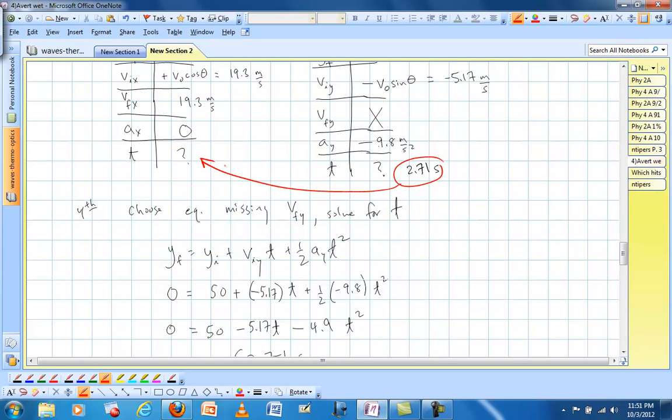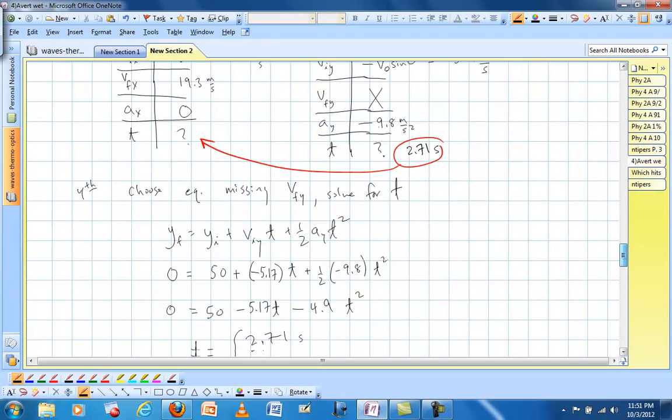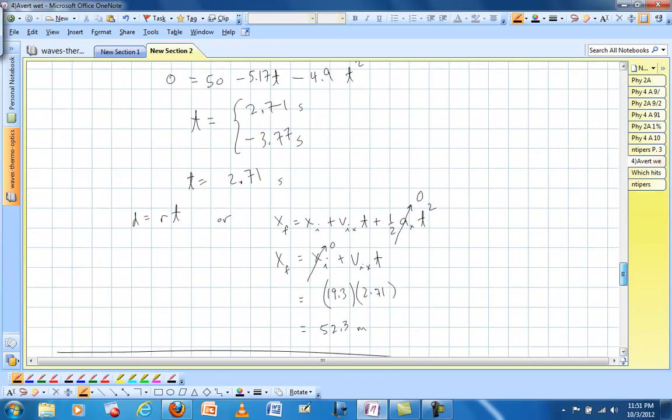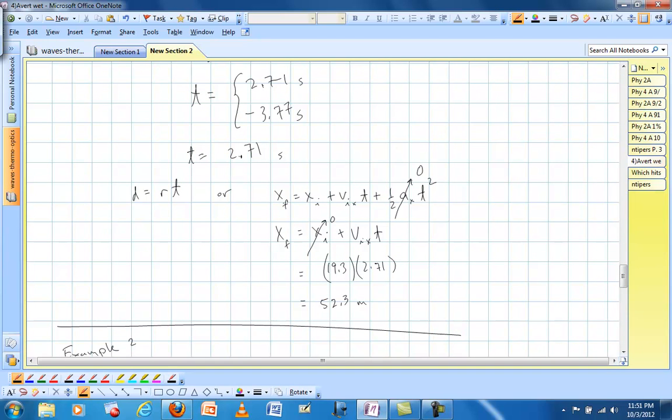And I can use that now for my x direction. Here's our equation. X final is x initial plus v initial t plus 1/2 at squared. Acceleration in the x is 0, and our initial x value is 0. So we get x final is v initial times t.